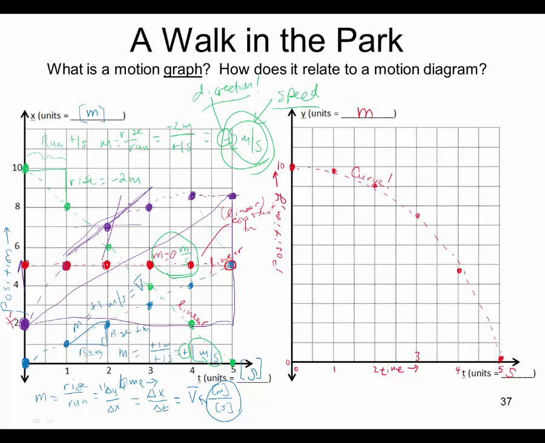We could draw a line and then draw a slope triangle around it. We have a rise of plus 2 meters and a run of plus 1 second right here. So at this point I have a plus 2 meter per second slope, which is our velocity. And that's the velocity at that exact point in time.